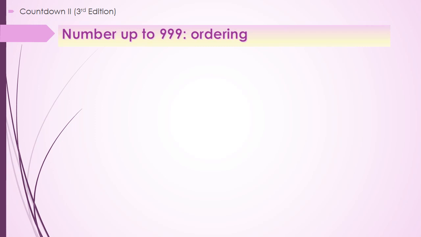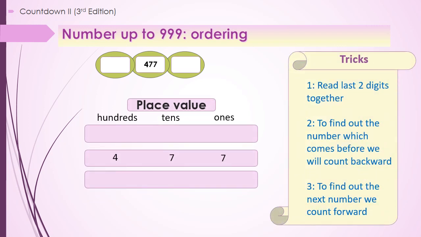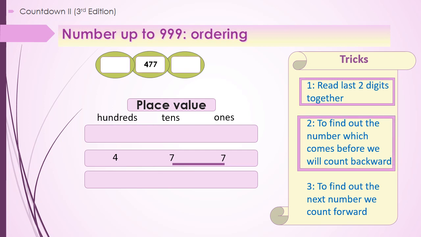Number up to 999 ordering. Here you can see some numbers are missing. First we will place the given number according to its place value. Now we will combine the last two digits of the given number, and to find the number which comes before, we will count backward.